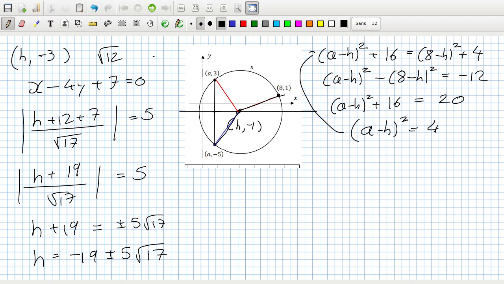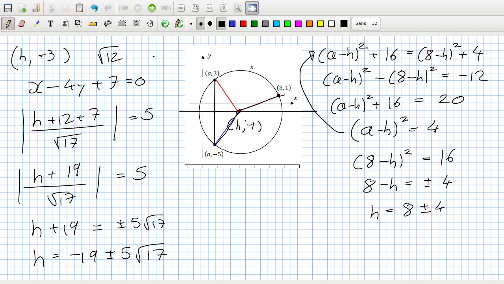I can sub that back in there, and I get 20. The 4's cancel, and I get 8 minus h squared equals 16. So that means 8 minus h equals plus or minus 4. So h equals 8 plus or minus 4.